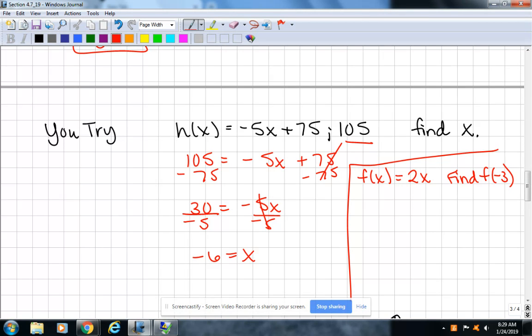Does that make sense? Because this is the same setup as this, so that's in the x place, so you need to plug it in the x place. So that's how sometimes they'll ask you to do that, because I just looked at your assignment and it will. So you'd say f of negative 3 equals negative 6. Does that make sense? So if they have it in parentheses, that means they're giving you that x to plug in. Okay? So if it's in parentheses, that's also giving you the x.